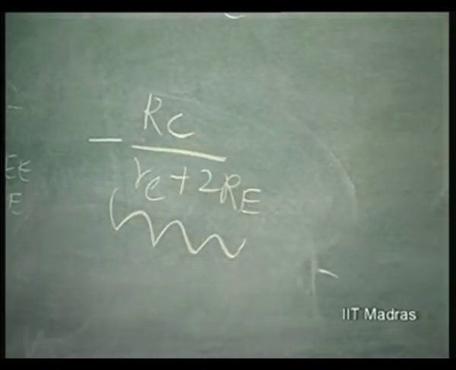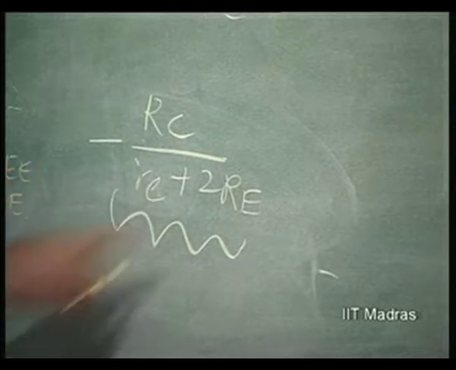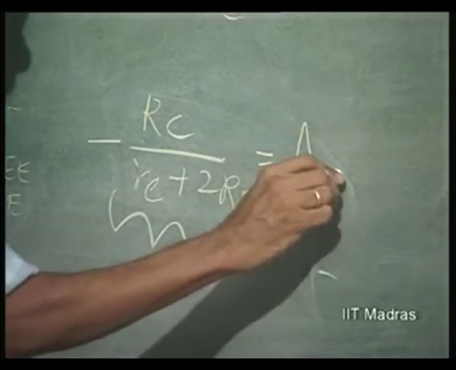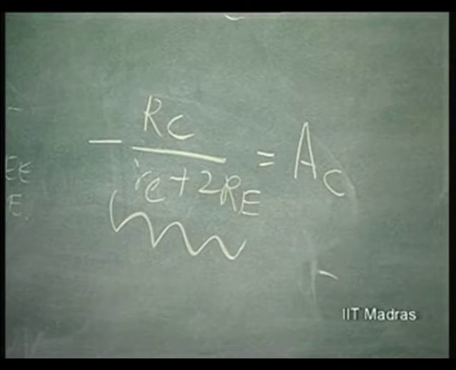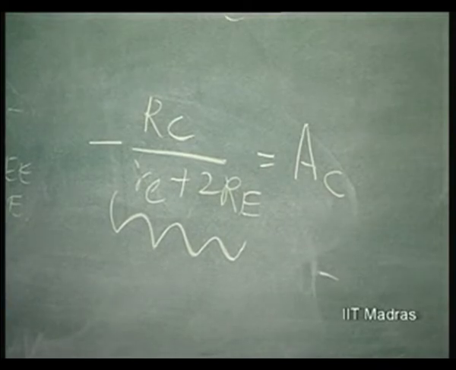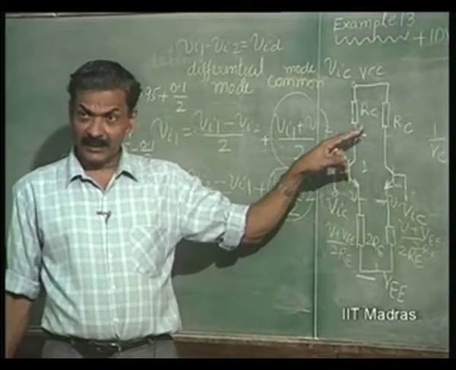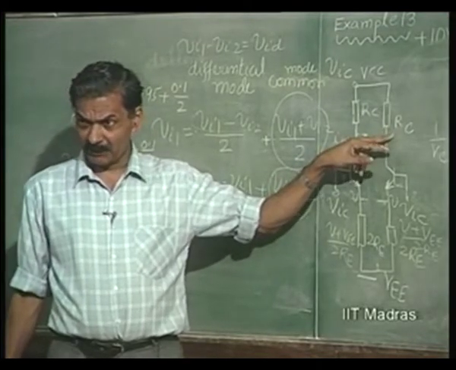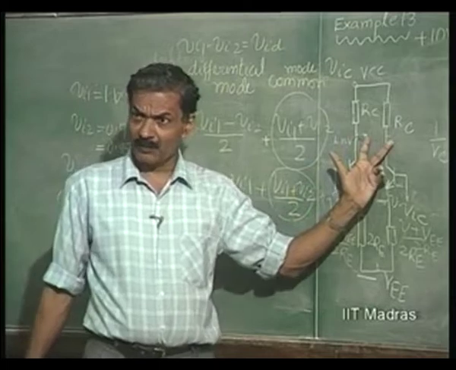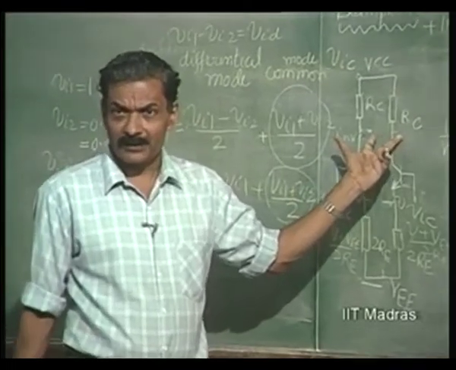This is always called the common mode gain. It is the same for both, right. If it increases here, it will increase here also by the same amount. Therefore, the differential common mode gain is always 0 in a symmetric circuit.